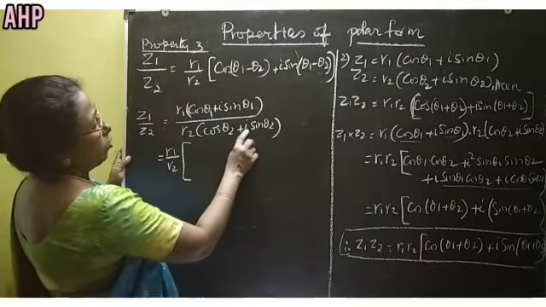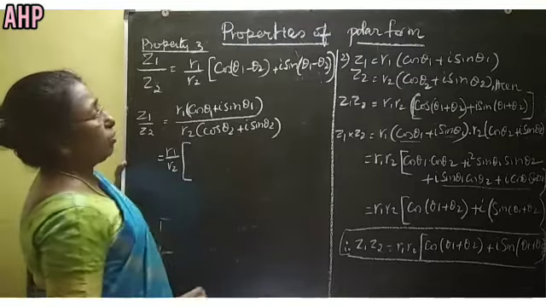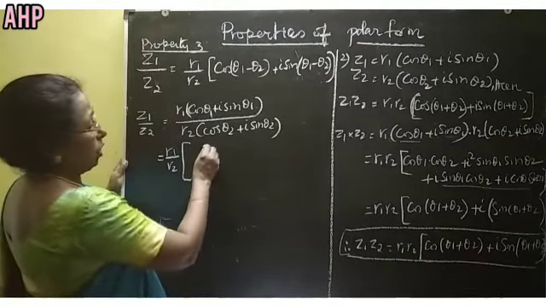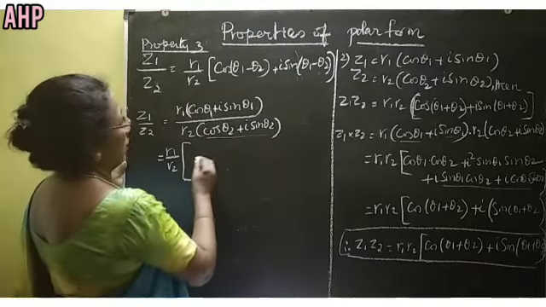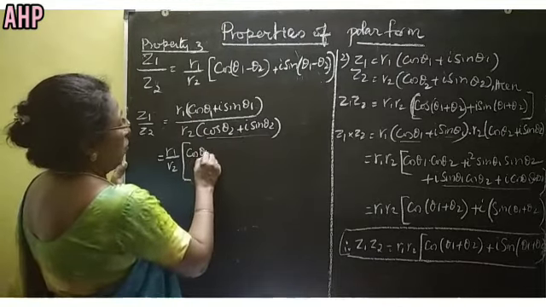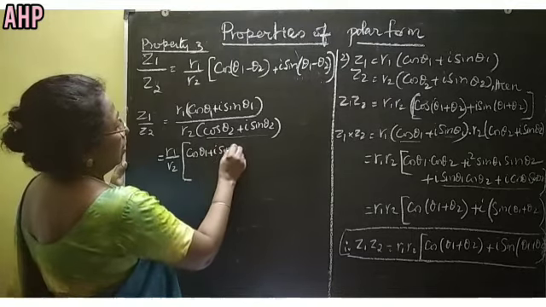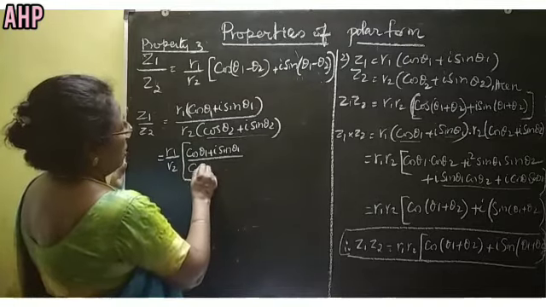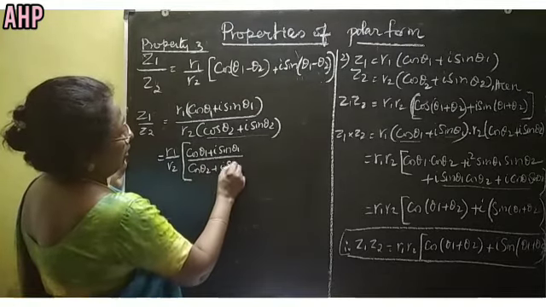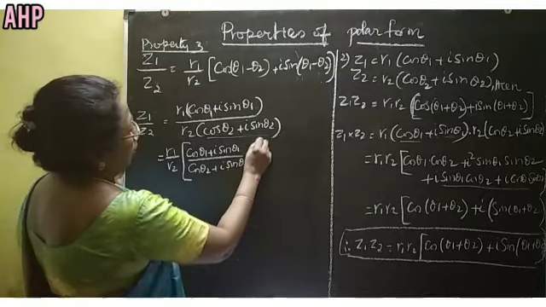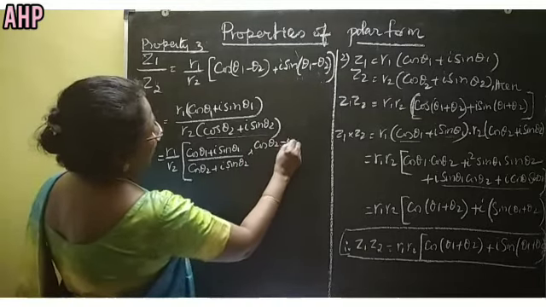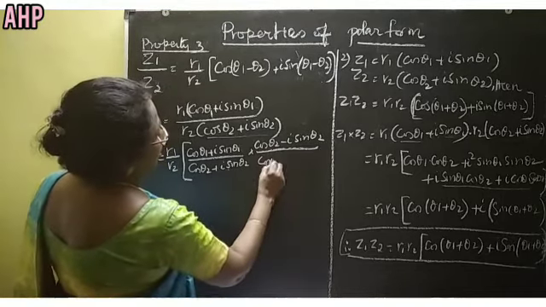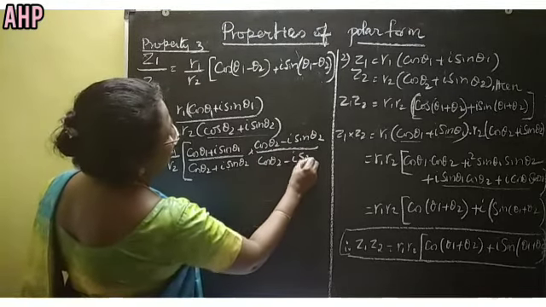Now we need to eliminate i from the denominator, so we are going to multiply by its conjugate. We are going to rationalize the denominator. So cos theta 1 plus i sin theta 1 divided by cos theta 2 plus i sin theta 2. We are going to multiply by cos theta 2 minus i sin theta 2 divided by cos theta 2 minus i sin theta 2.